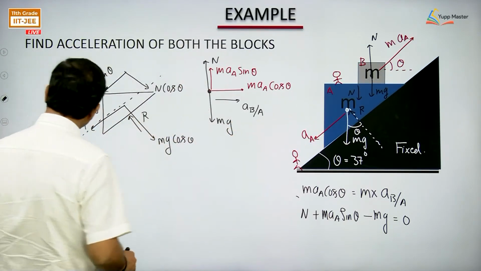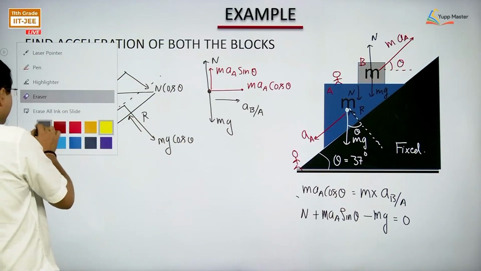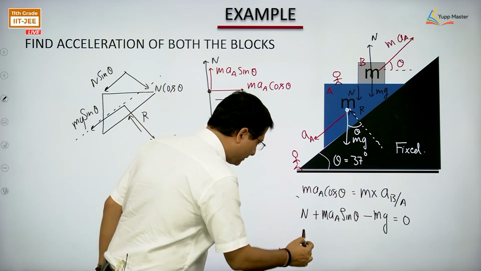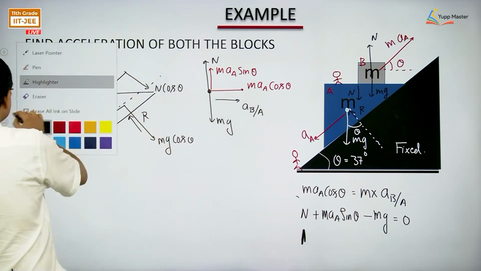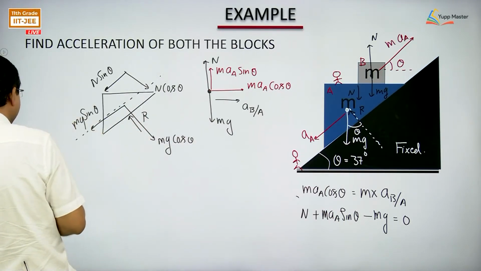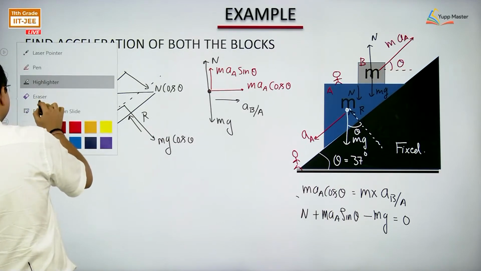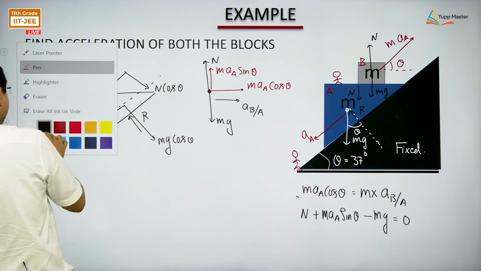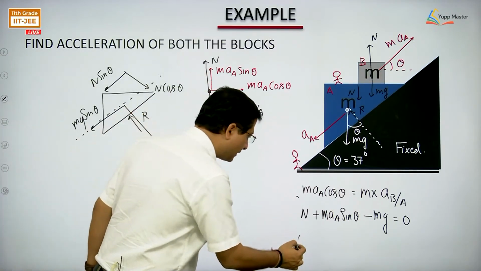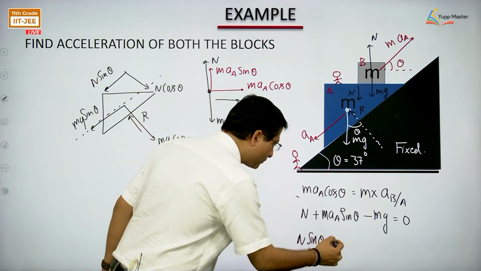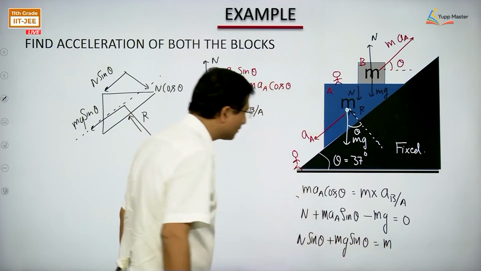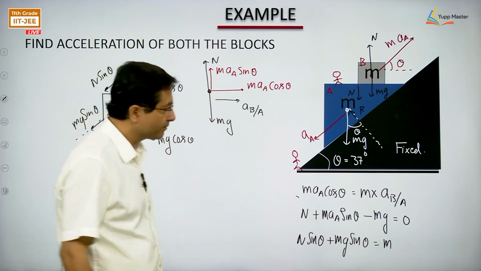So for that I can write another equation, N sin theta plus mg sin theta is equal to mass into acceleration, MAA.